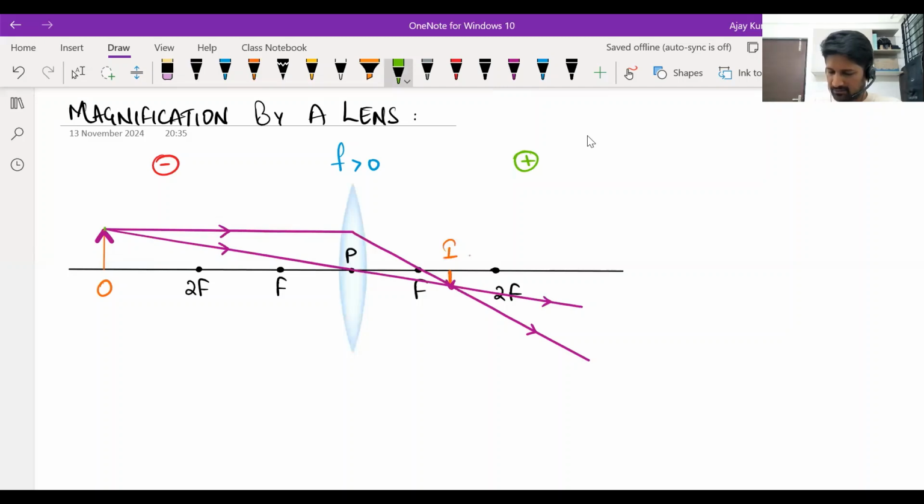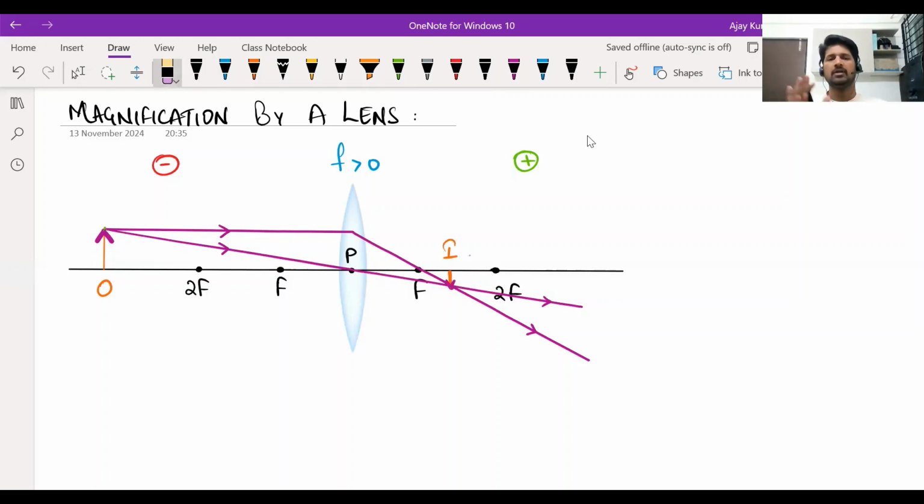If a ray is incident this way, after passing through the lens, it becomes parallel to the principal axis, and it ends up going like this. You will see that it meets the other rays at the same point. After passing through the lens, it becomes parallel to the principal axis. But they'll all meet at the same point, and that point is the image location.